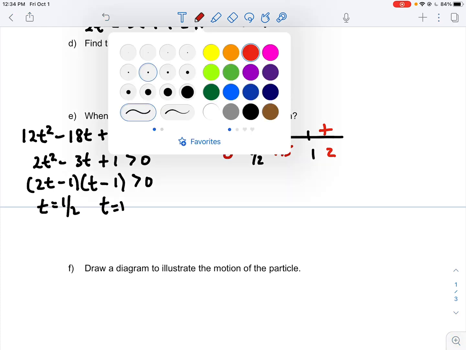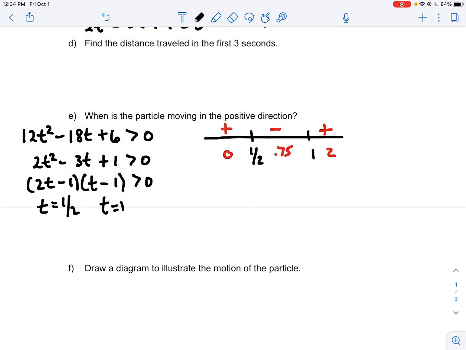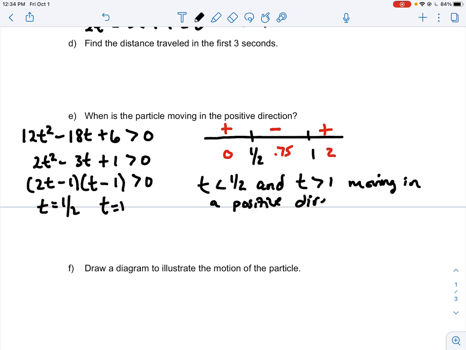So basically, this is what we know. We know for a fact that when t is less than 1/2 and when t is greater than 1, we're moving in a positive direction. Okay?